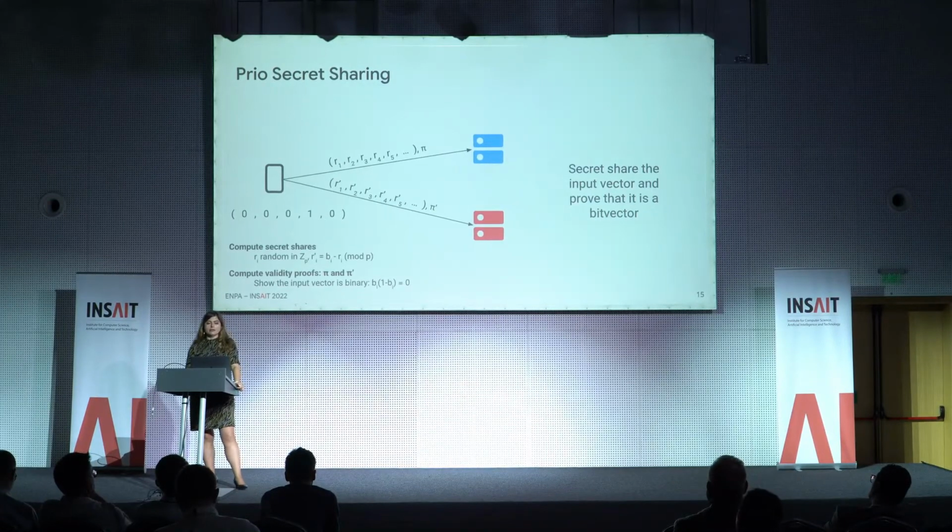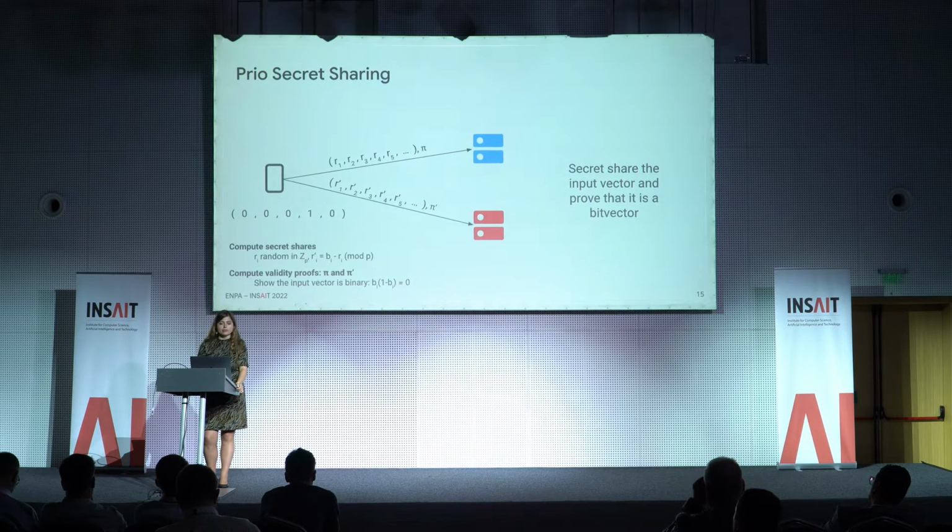Once the input is prepared as this binary vector, the device splits this vector into two cryptographic shares. And the properties of these cryptographic shares are as follows. If you look at only one of the shares in isolation, this share is indistinguishable from a random number.